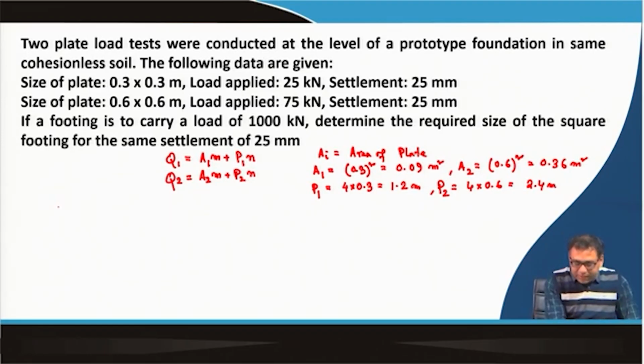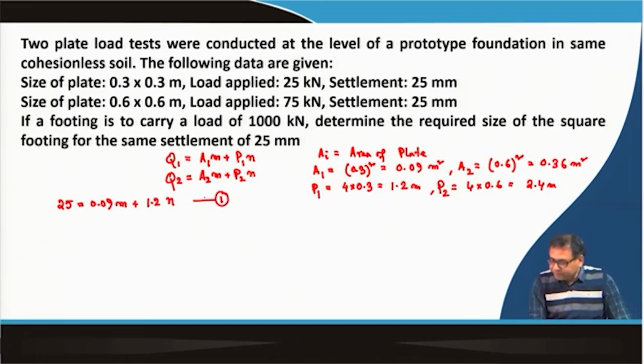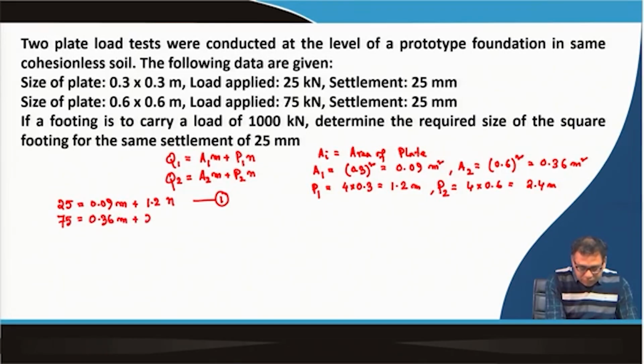Okay. So, I can write two equations. In the first case our applied load is 25 kilonewton, that is Q1. So, 25 = 0.09 m + 1.2 n. This is equation 1, and in the second equation it is 75 = 0.36 m + 2.4 n.